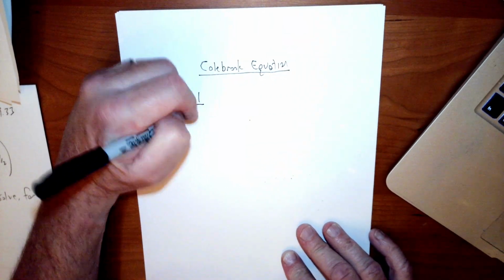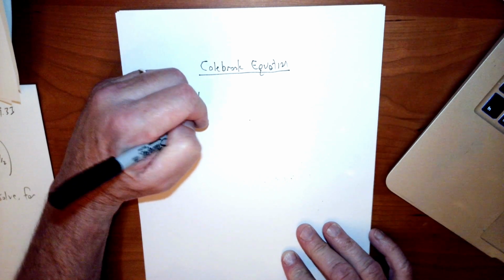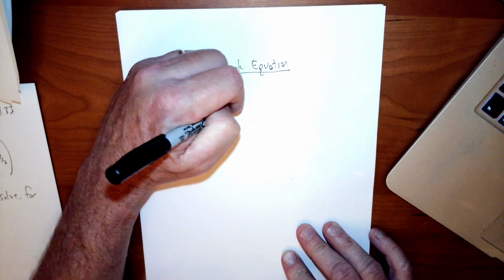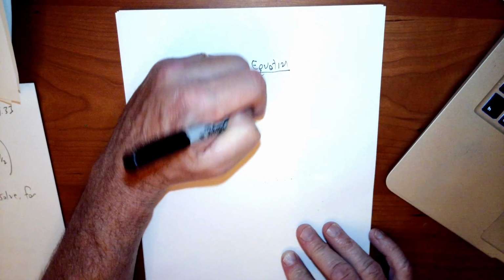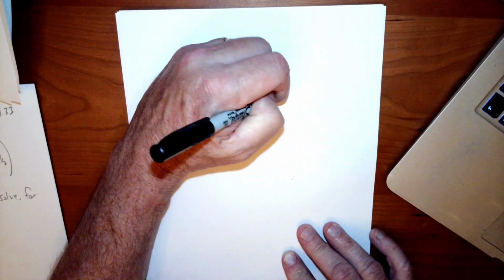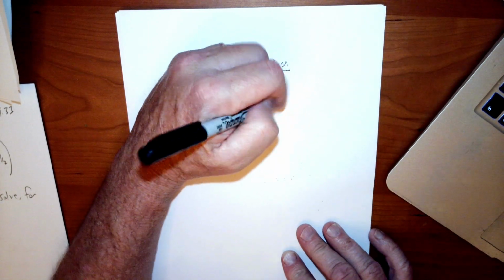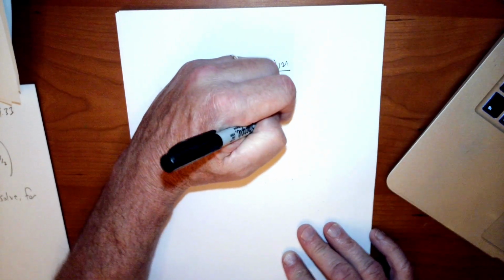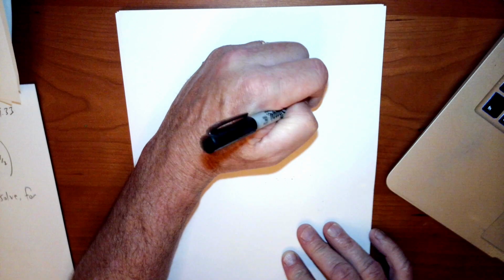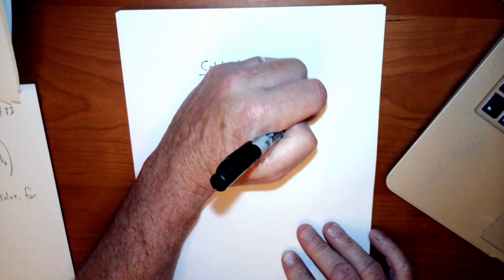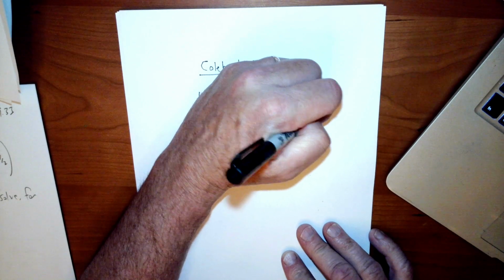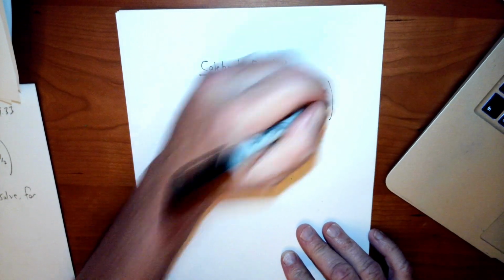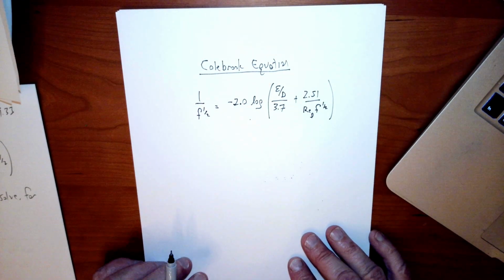It's 1 over the square root of f equals minus 2.0 times the log of the surface roughness divided by the diameter of the pipe, divided by 3.7, plus 2.51 divided by the Reynolds number based on the diameter of the pipe times the square root of f. So that's the Colebrook equation.